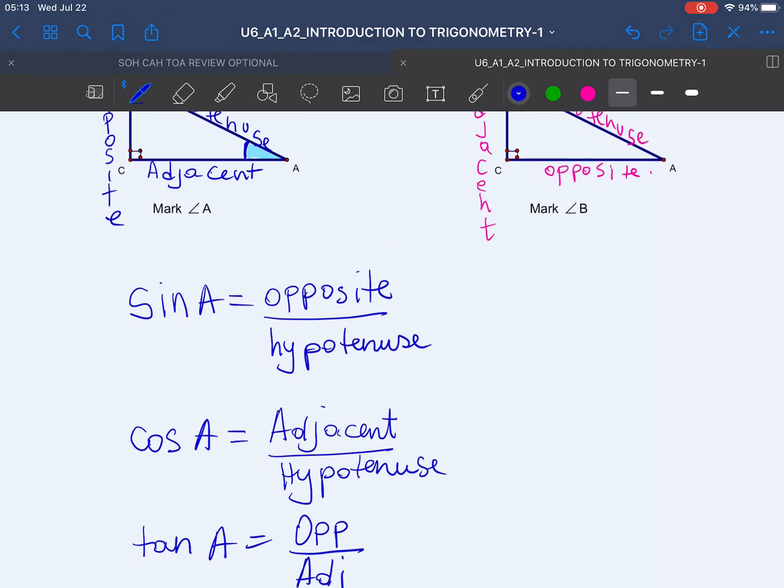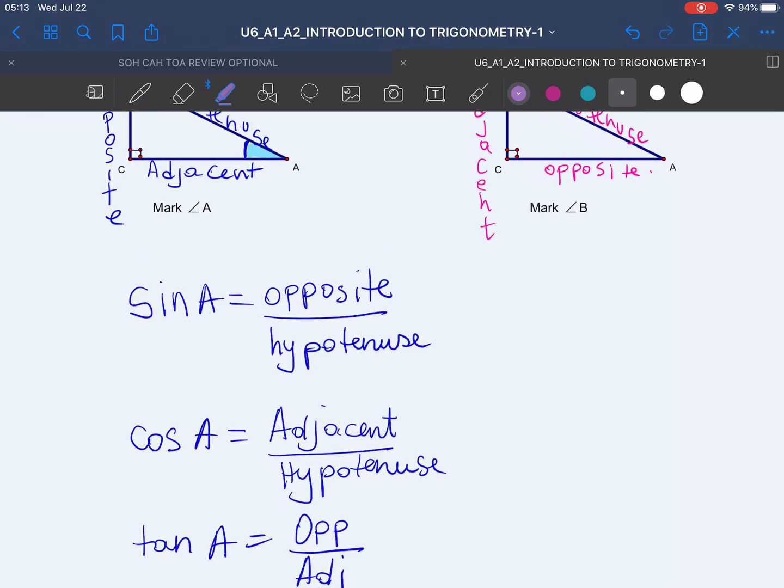Now, it can be a little bit confusing to remember them the way they are, so for this we use acronyms, and I'm going to highlight in here the letters that we involve in the acronyms. So sine equals opposite over hypotenuse. We call this SOH.